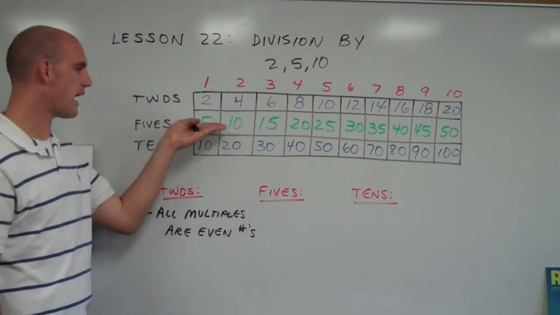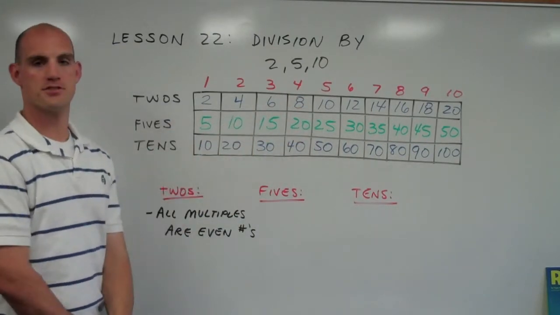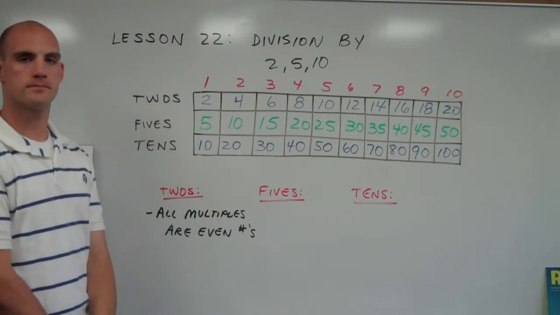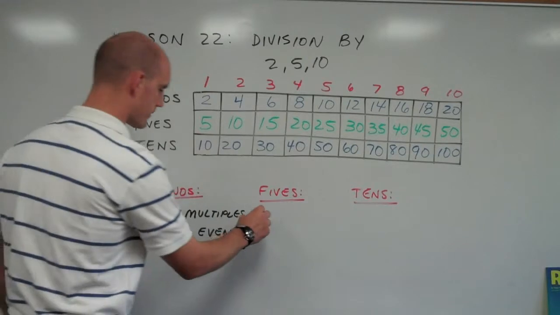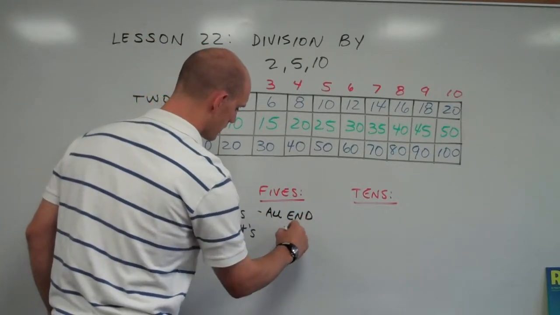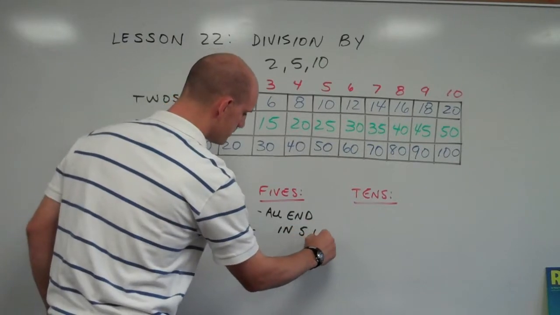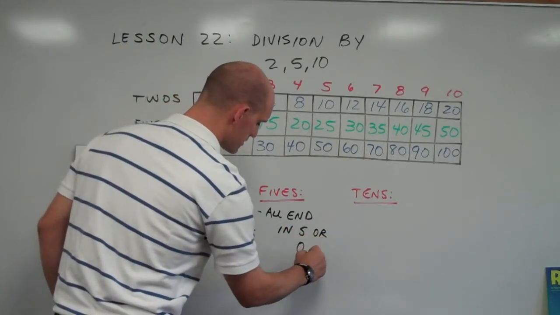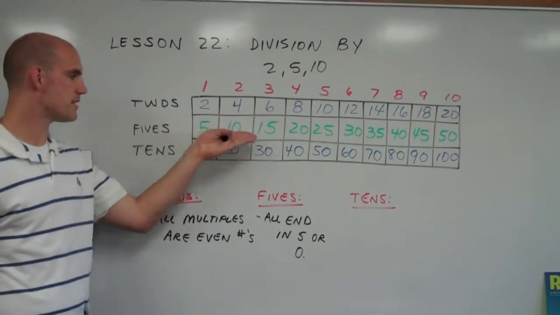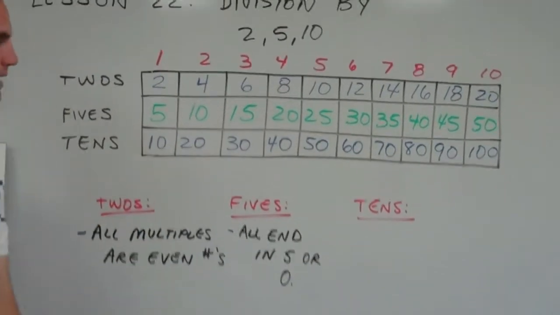Okay? Let's do the same thing for the 5s. What do you notice about the 5s as you go down the line? That's right. They all end in 5 or 0. And they alternate 5, 0, 5, 0 in their ending.